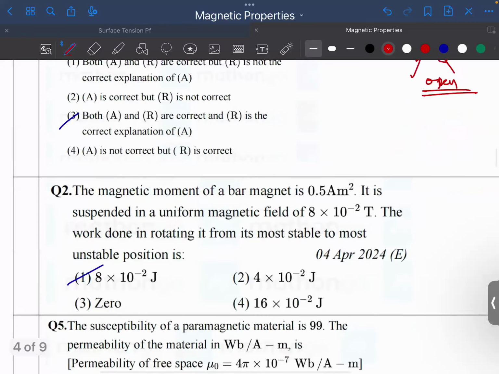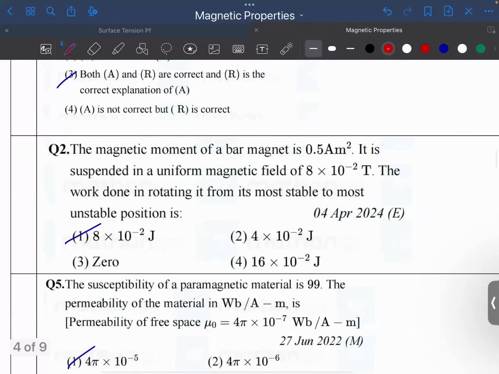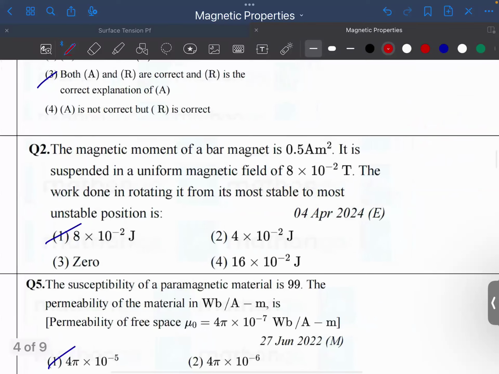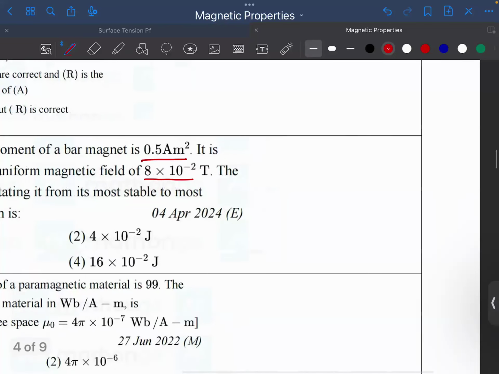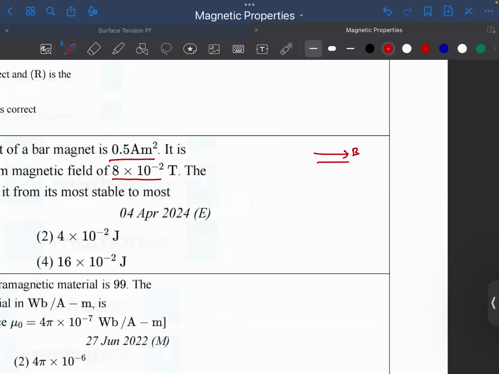Next. The magnetic moment of a bar magnet is given as M, suspended in a uniform magnetic field B. Find the work done in rotating it from the most stable to the most unstable position. Remember, the position where M is along B is called the stable position. In this case, potential energy is minus MB.